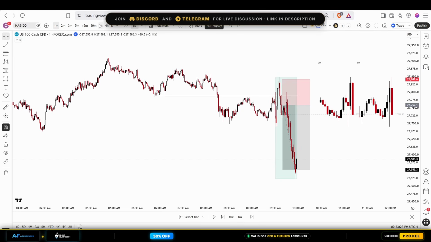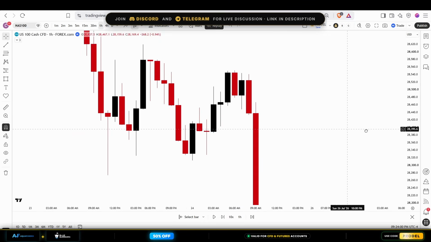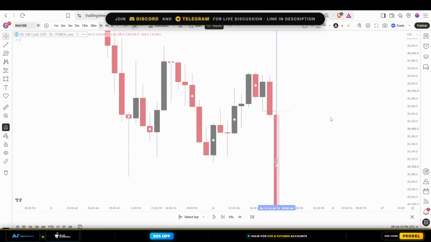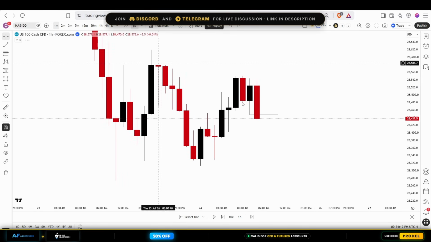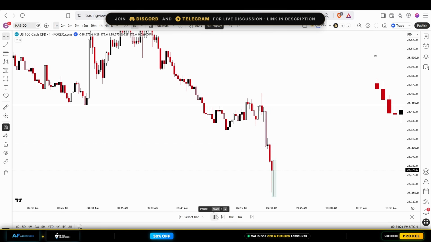You can take any kind of entry confirmation, and again, next entry you can see this is the first candle, 7 AM, 8 AM, and this is the 9 AM. Let's just mark our POI here and let's just cut it here, and we will go to the 1 minute time frame and wait for 9:30. Let's just wait.